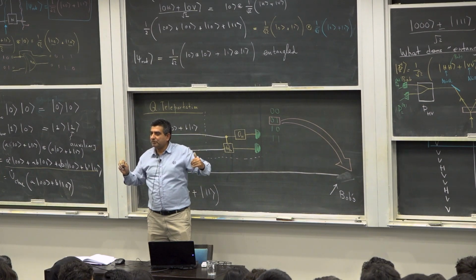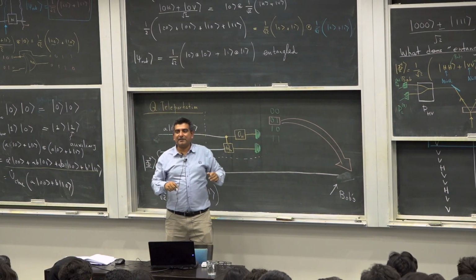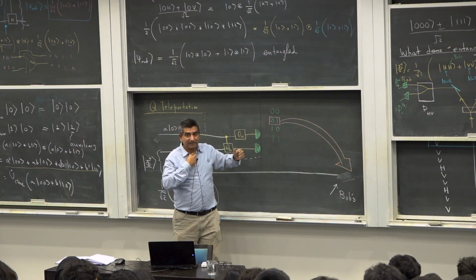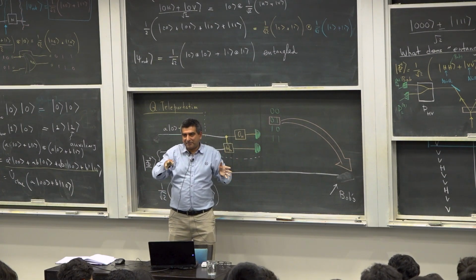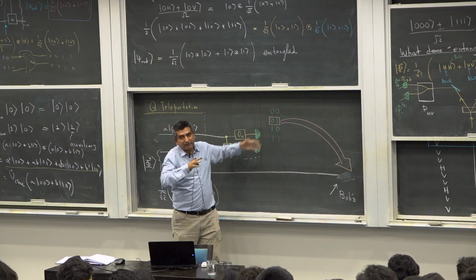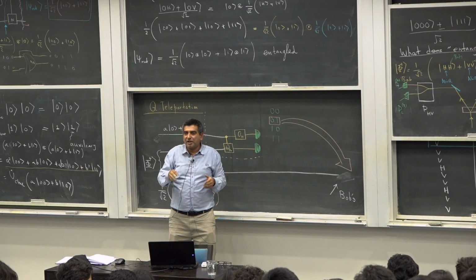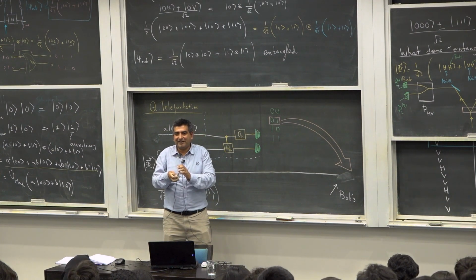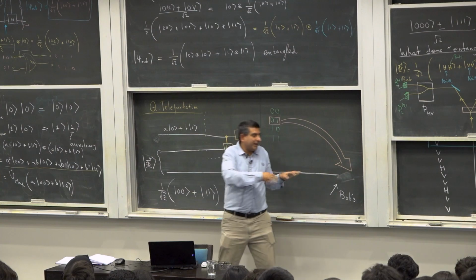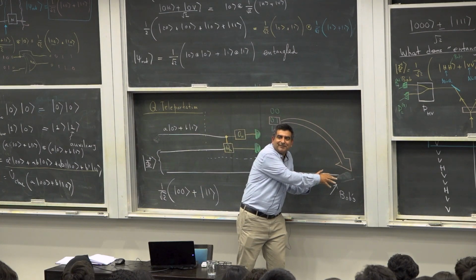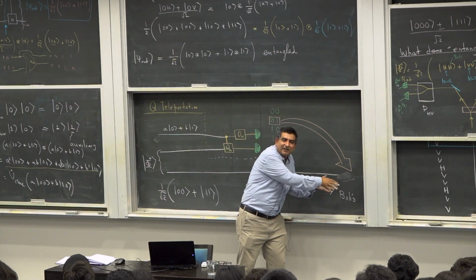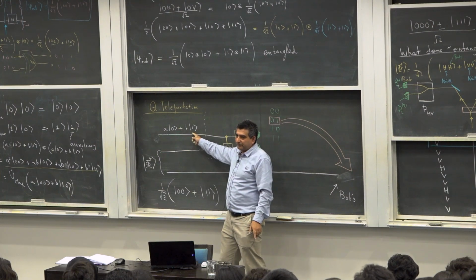Now Bob knows this is Alice's outcome. So by looking at one of the 4 possible outcomes, Bob can immediately do something to his qubit, and then his qubit will be an exact replica of the incoming qubit.